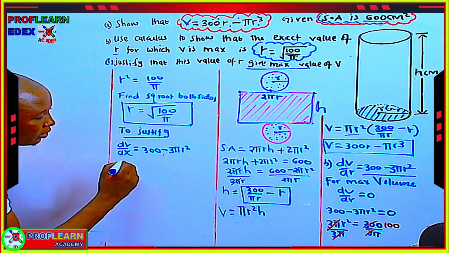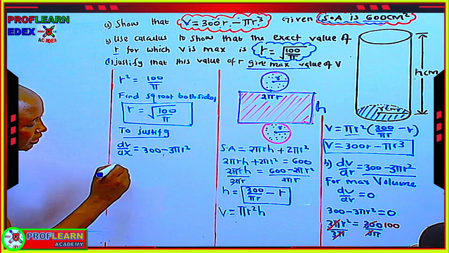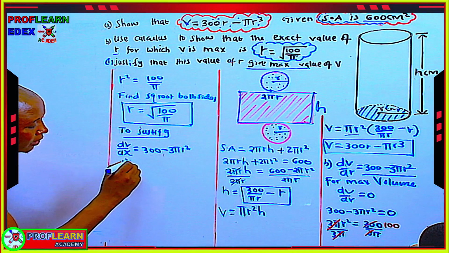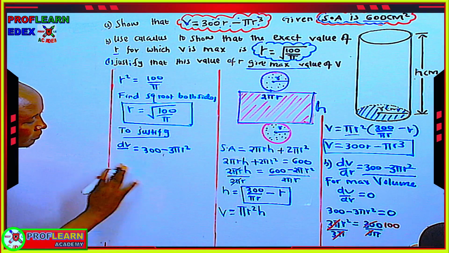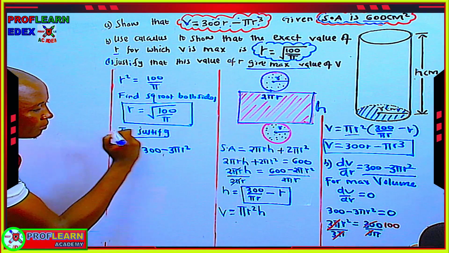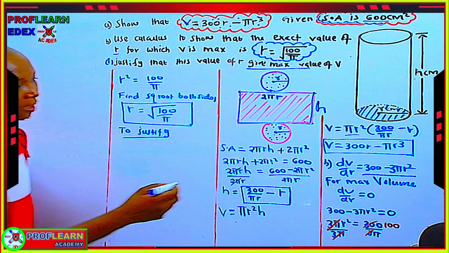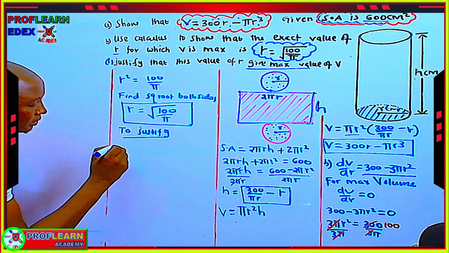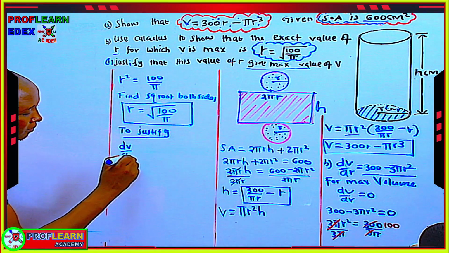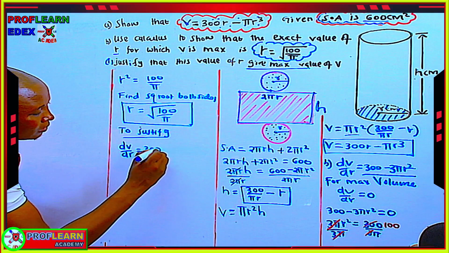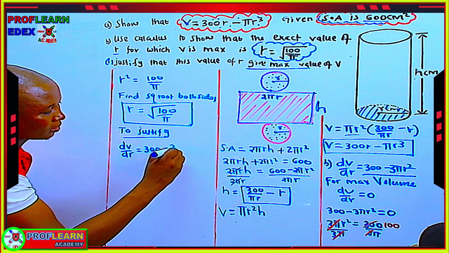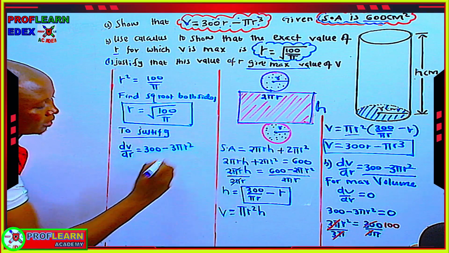So in order to find the second order derivative, our dV/dr in this case is 300 minus 3 pi r squared.